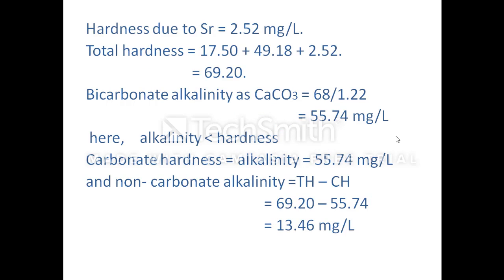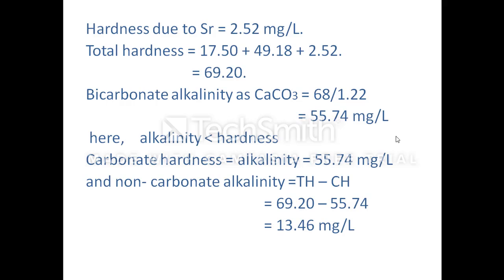Now hardness due to strontium is directly given as 2.52 mg per liter. Now the total hardness would be equal to the sum of hardness due to calcium, magnesium and strontium.